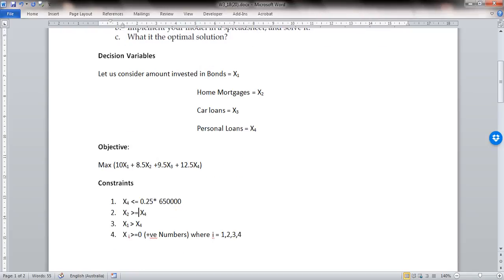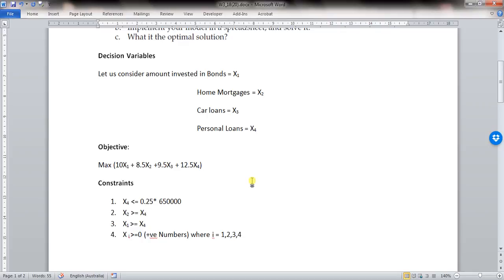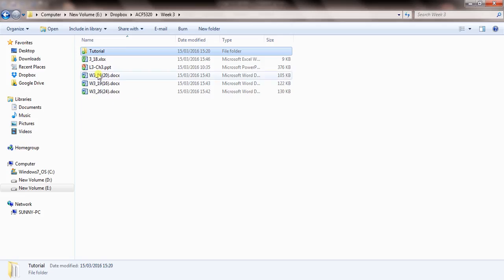So the amounts can be greater than or equal to zero. We have to build this LP in our Excel, so let's go to the Excel.